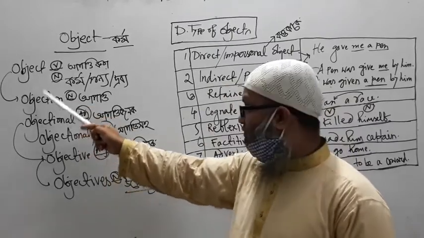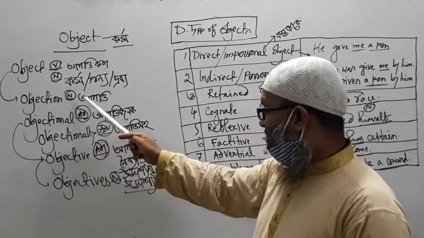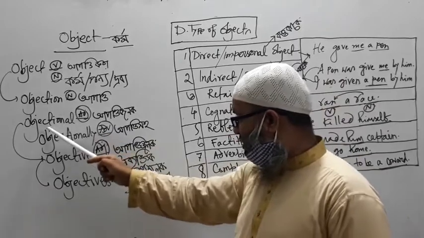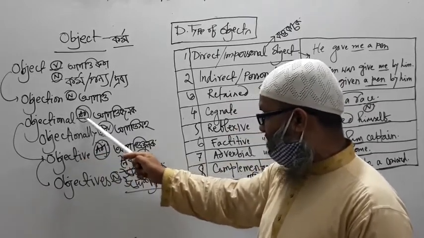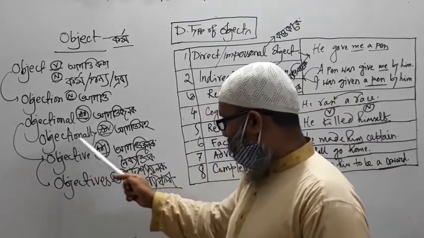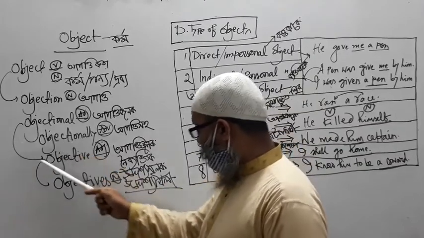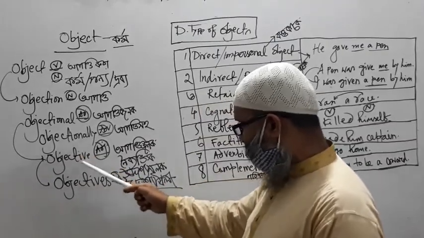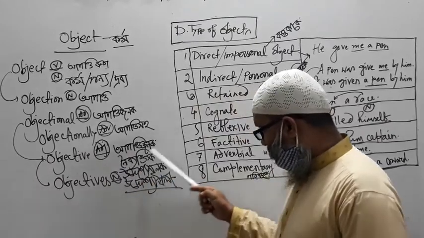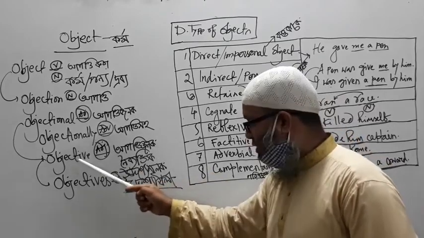There is also a noun form, objection, and the Bengali meaning will be apotti. Its adjective is objectional, apotti jana, and its adverb is objectionally, apotti shaha. Another form is objective. Okay, and it has many meanings: apotti jana, nirvyaktik, uddeshyamulak, those are the meanings of the word objective.